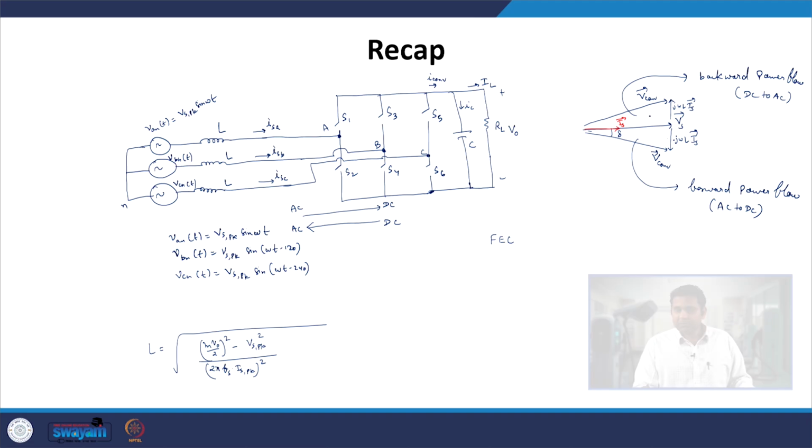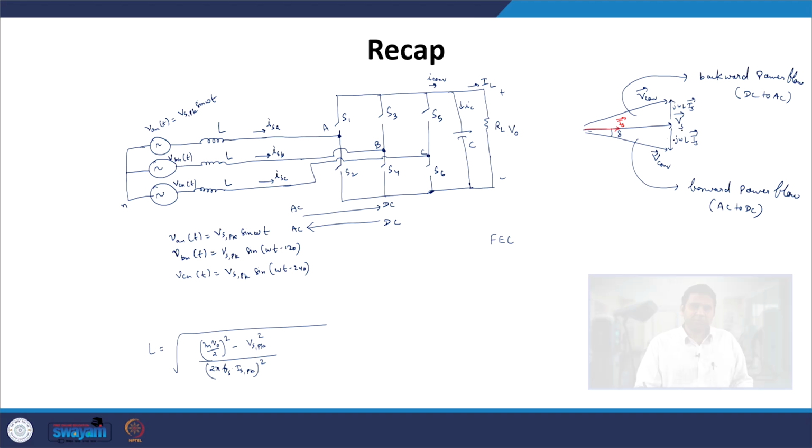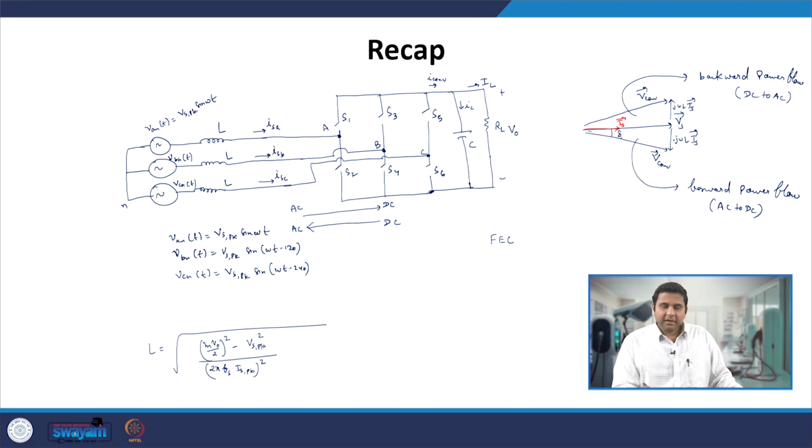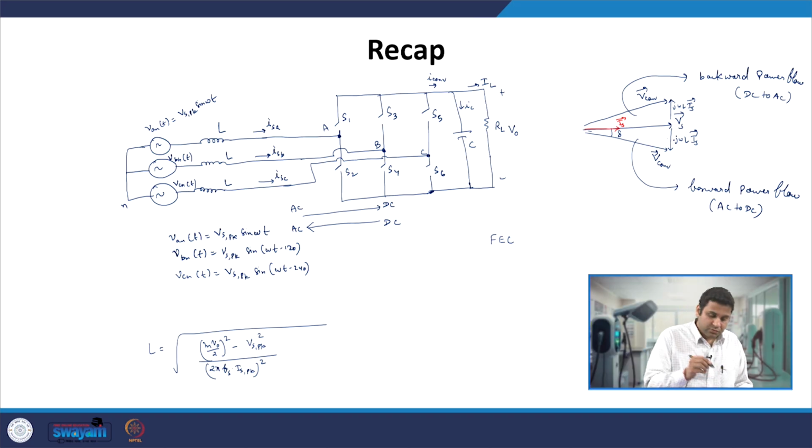However, when we talk about the backward power flow, that means from the DC side to the AC side, we can ensure the phasor from the converter is leading the phasor corresponding to the voltage source by the required angle delta, and by changing the value of this delta we can control the amount of current going from one AC source to another AC source.